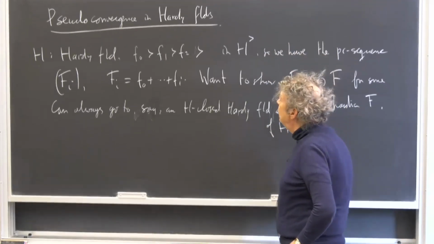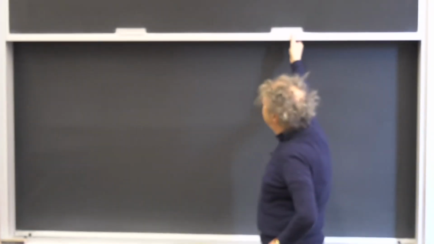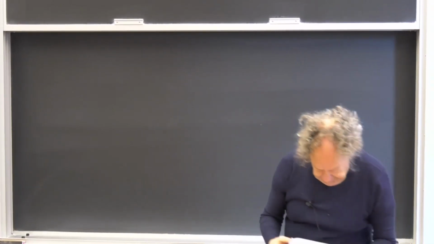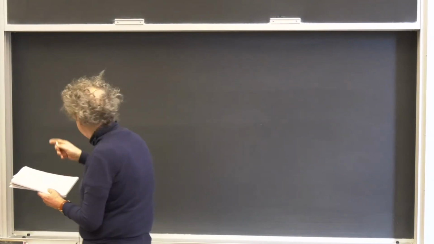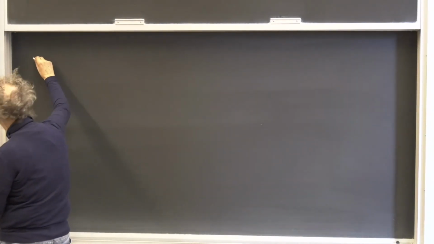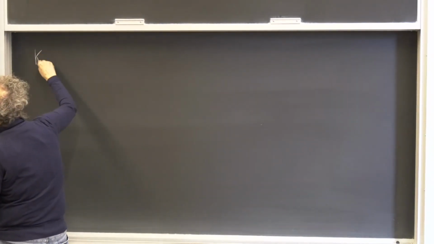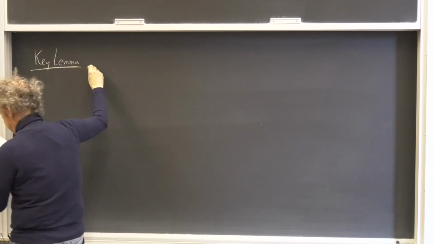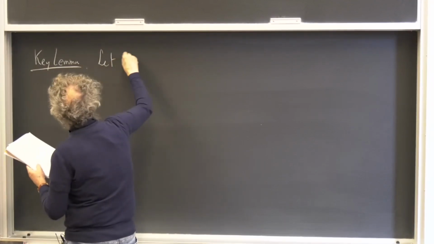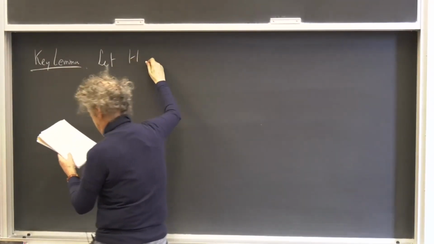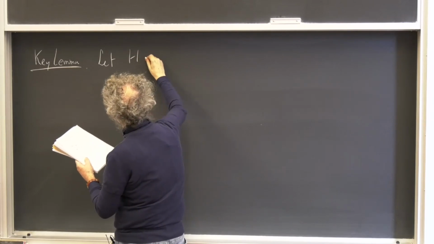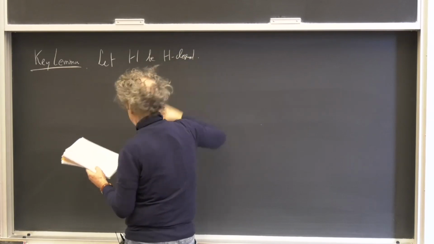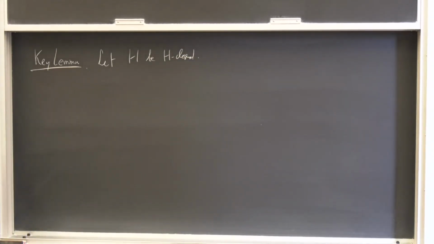Okay. No loss of generality in doing that, and now we can state the following key lemma. Suppose it's already H-closed, let H be H-closed. So in particular, it contains all real numbers.